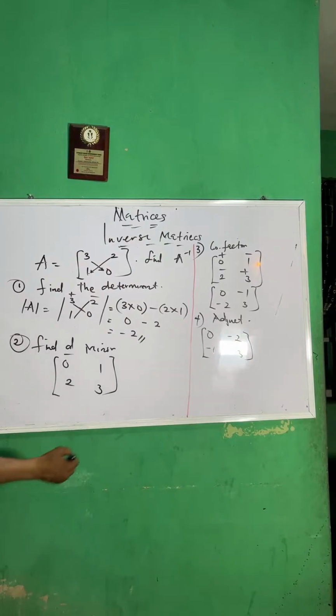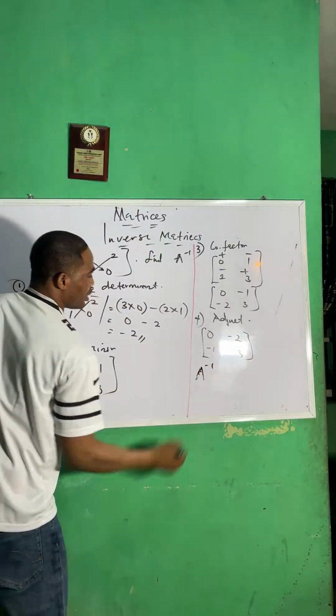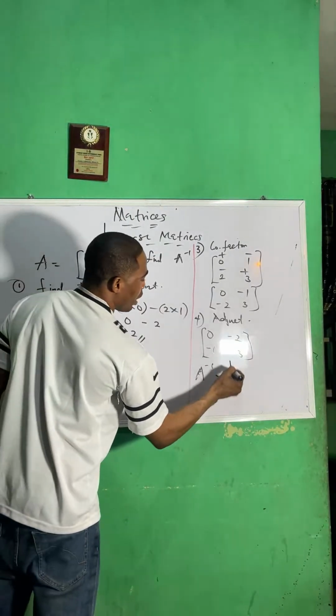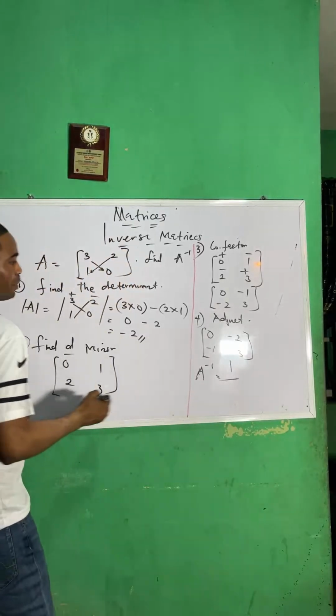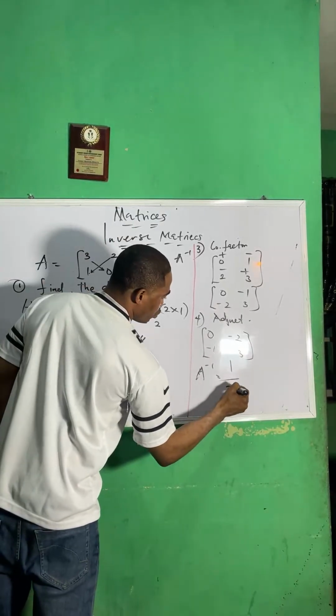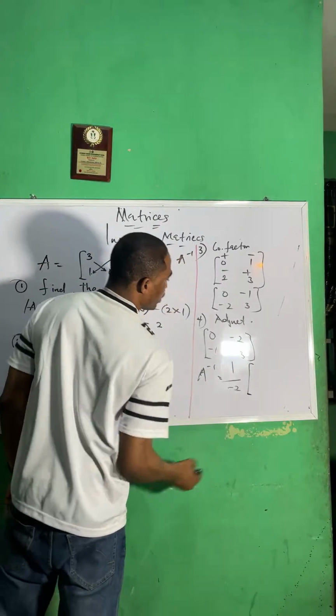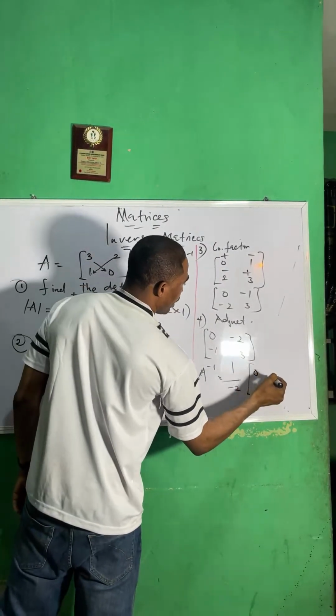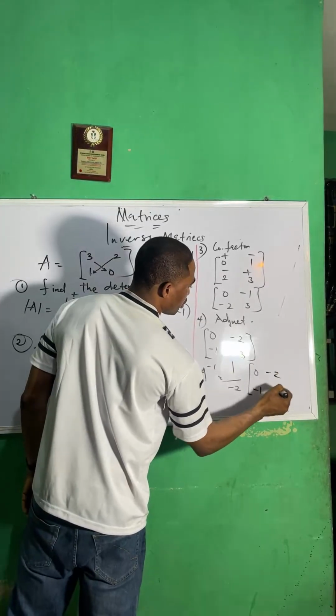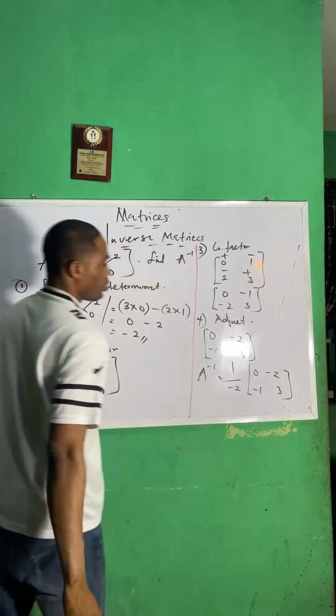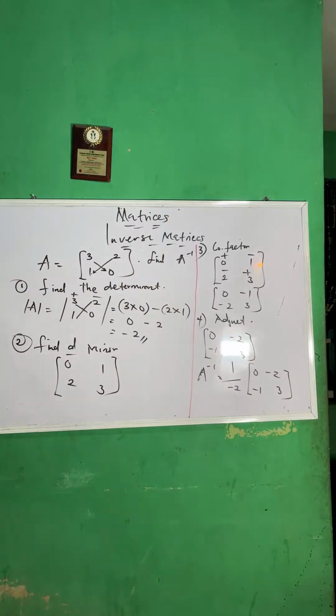My final answer for A inverse will be 1 over the determinant, which is minus 2, placed beside the adjoint. That is your final answer. That is inverse matrices.